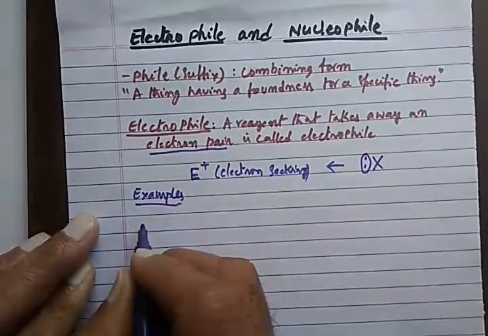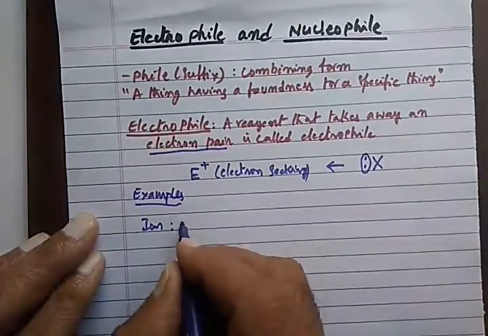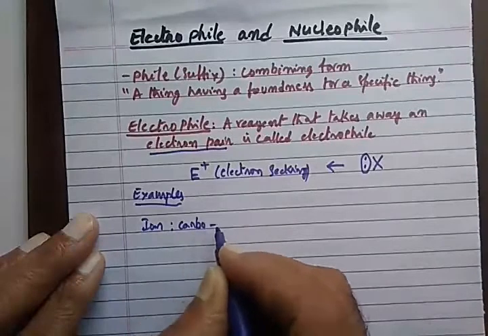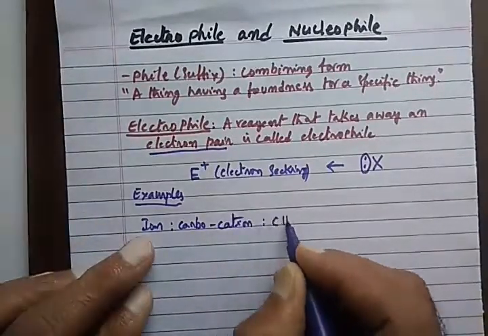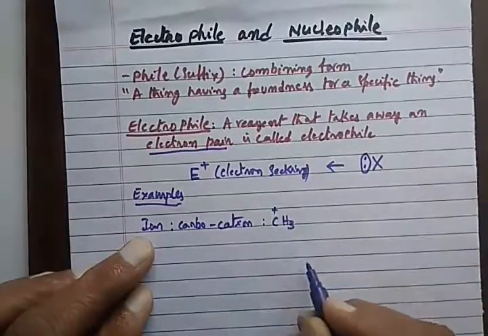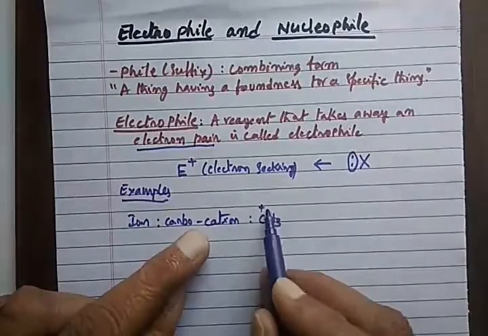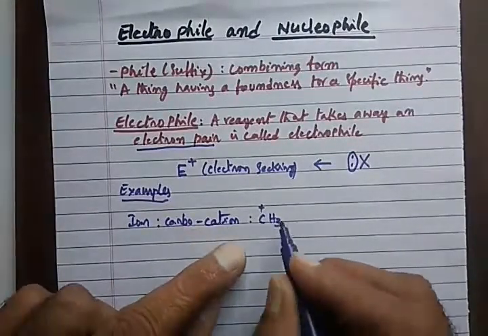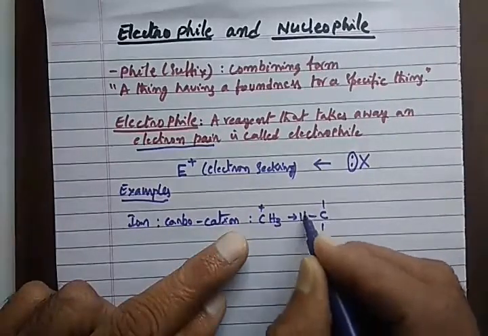One is an ion, that is a carbocation. CH3 plus is a carbocation. Cations will have a positive charge, so it is a carbocation. So let us write this with some more clarity.